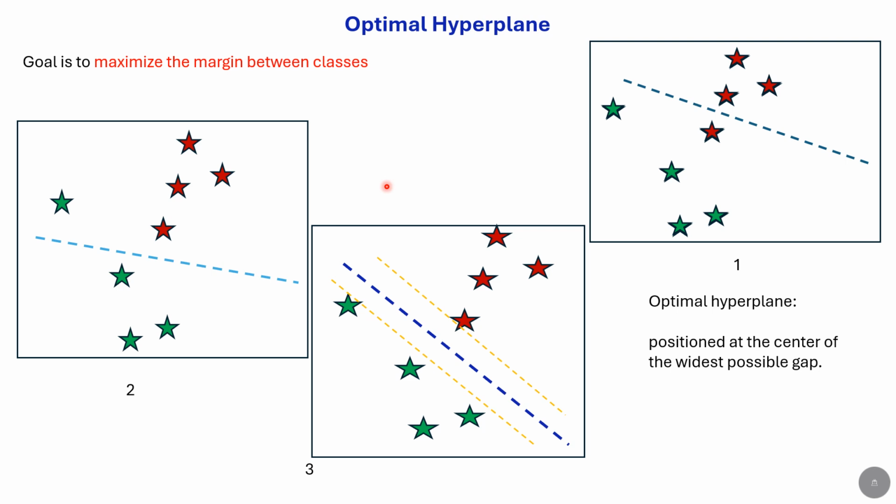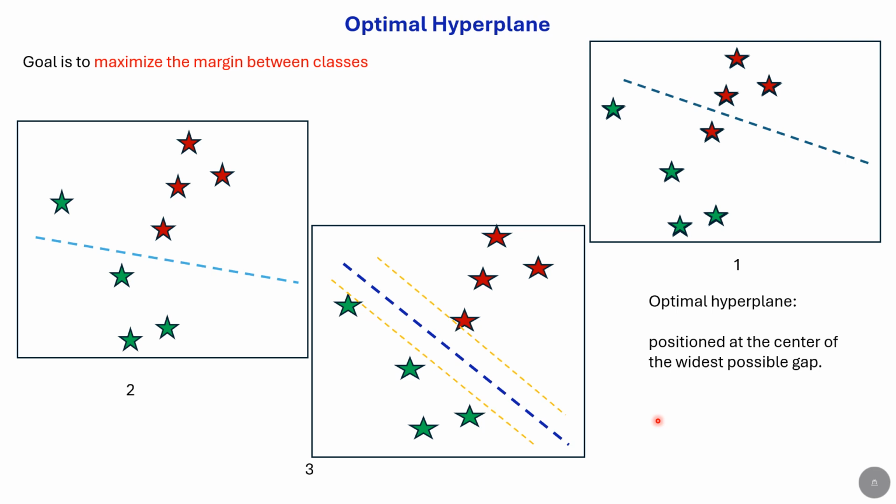Even though two yellow lines classify them correctly, one of them is closer to green points and the other one is closer to red points. Hence, we can say the best or the optimal hyperplane is the blue line.